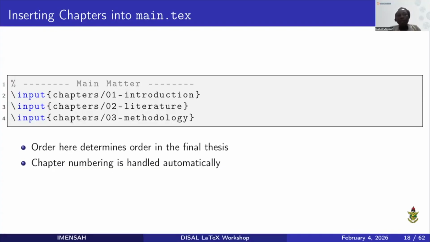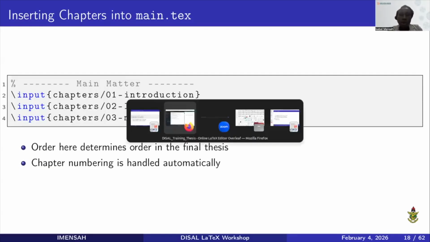So in here we have chapters. Chapters, the first one is your introduction, your literature review, in that order. If you don't arrange it properly, let's say you input the methodology chapter, it will appear before the introduction, which is not right. So all the time, you have to make sure that on your main file, it is like that.